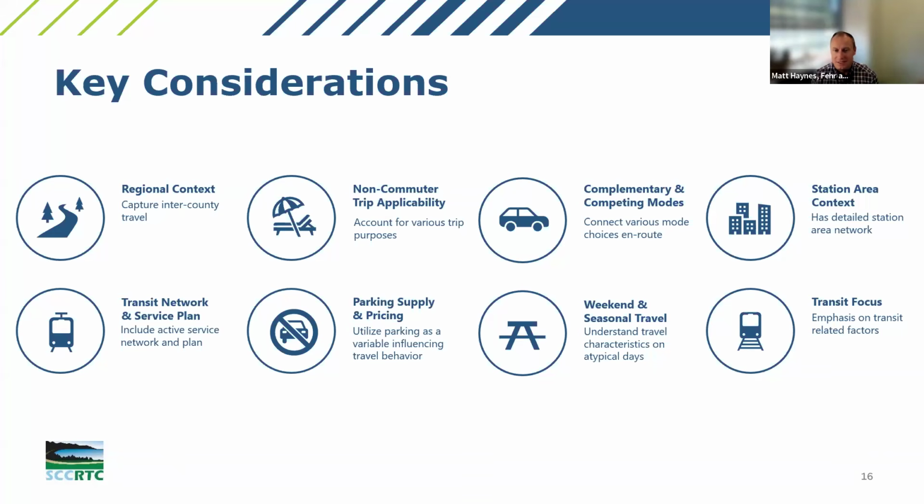We also look at things like the amount and price of parking, how that might affect travel demand and transit demand, how seasonal differences in travel activity might affect demand, and then the transit system itself, how that, as well as some of the surface transit or bus transit that connects to the rail system, might affect travel demand. So these are all factors that we're looking at, have been looking at, and want to make sure that we're factoring into the overall ridership process. Next slide.